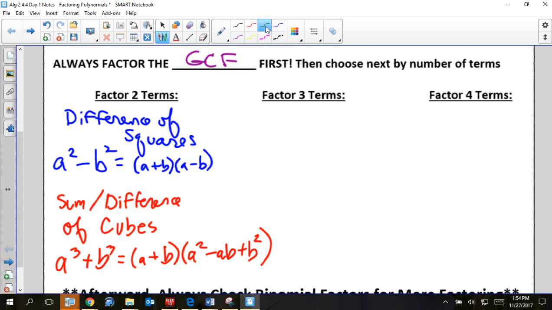If we are factoring 3 terms, a trinomial, does anybody remember how we factor a trinomial? Guess and check.